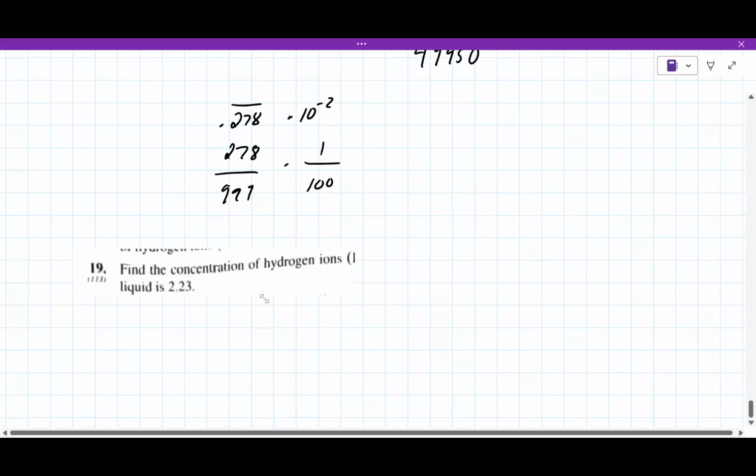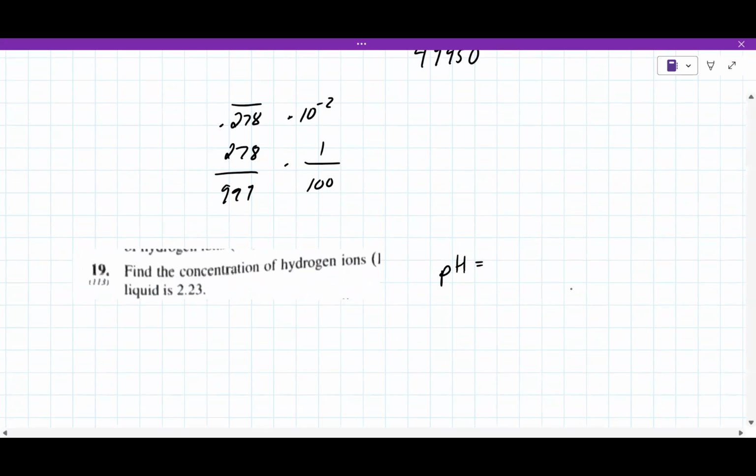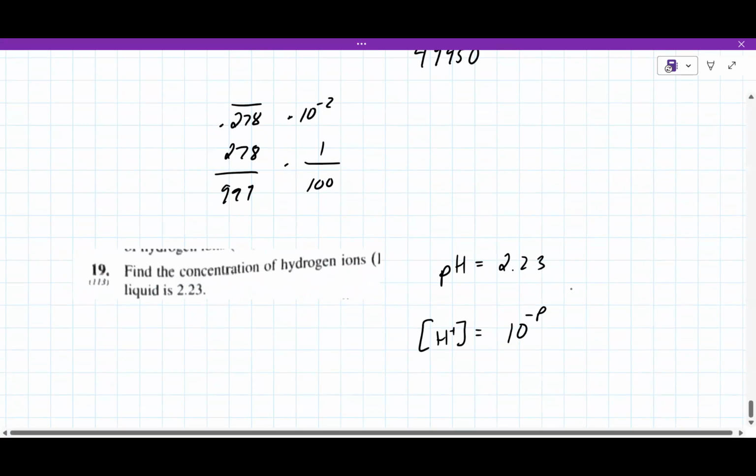Find the concentration of hydrogen ions if the pH is 2.23. So pH is 2.23. The concentration of hydrogen ions is 10 to the minus pH, 10 to the minus 2.23.